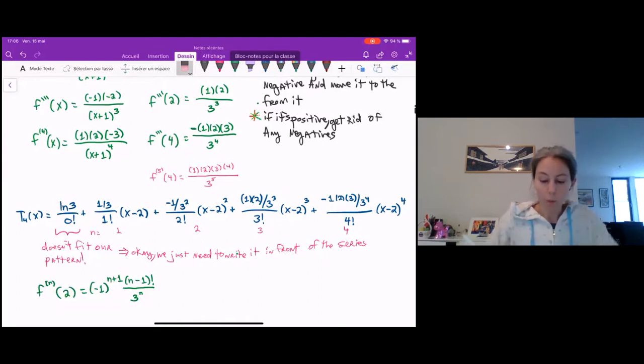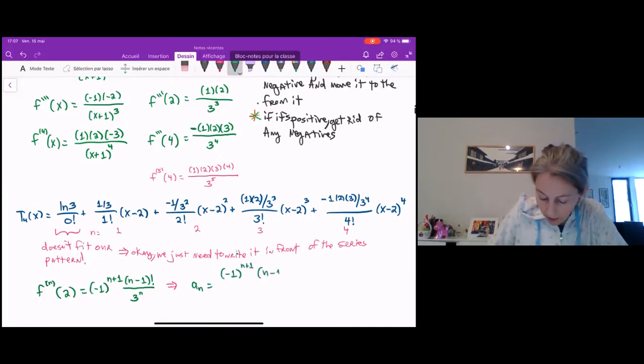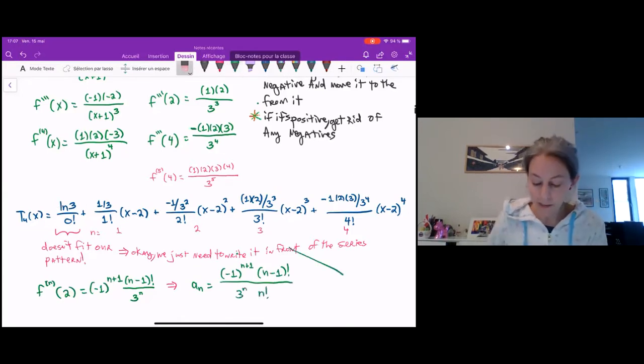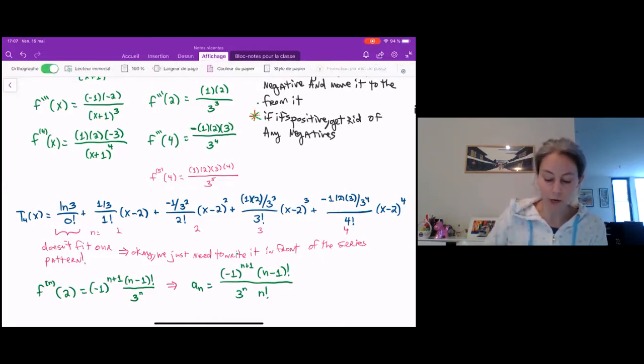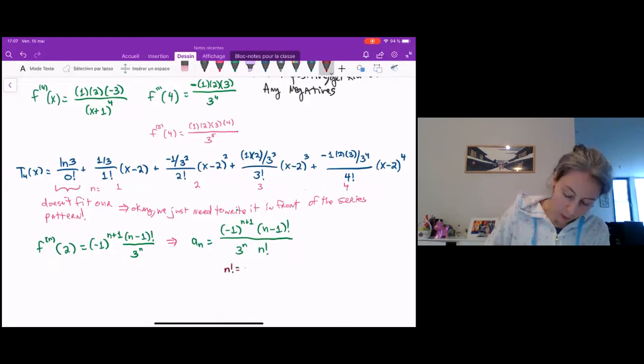Okay, so what that means then is that my a sub n will be equal to negative 1 to the n plus 1 times n minus 1 factorial over 3 to the n times n factorial, and can be simplified because we have a ratio of factorials. Remember that n factorial is equal to n times n minus 1 factorial.